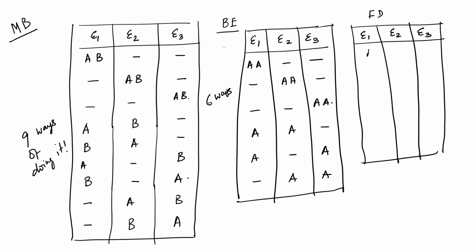So, that sort of curtails the number. So, you have A and nothing, A nothing A and nothing A, and hence there are 3 ways of doing it.